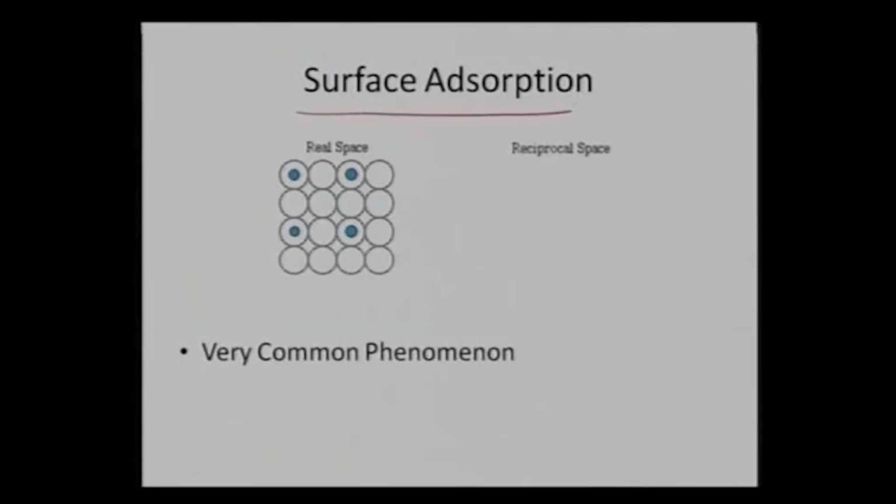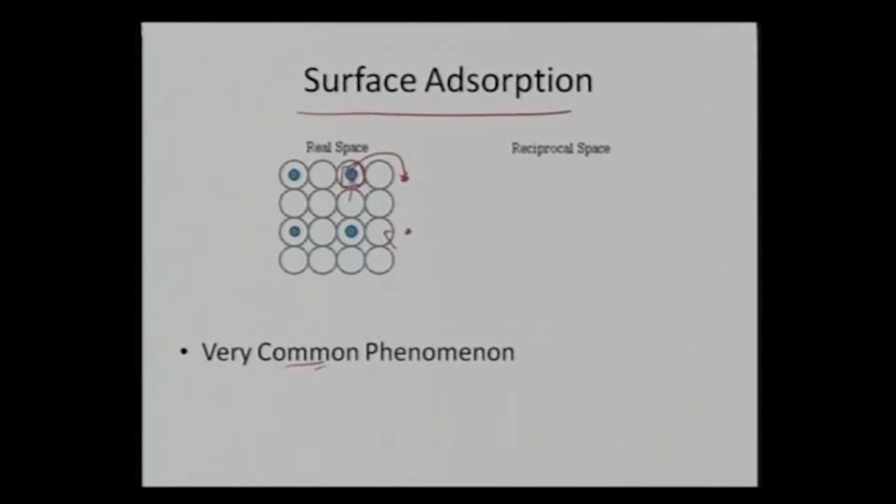In certain cases, once we have some surface adsorption, I can have a matrix with adsorption of some other entity, which is again ordered in a certain manner. So I can have this adsorbate which has a kind of symmetry, a couple of monolayers on top of a particular matrix, and this is a very common phenomenon, because we do see specific adsorption of a couple of monolayers on a particular material.